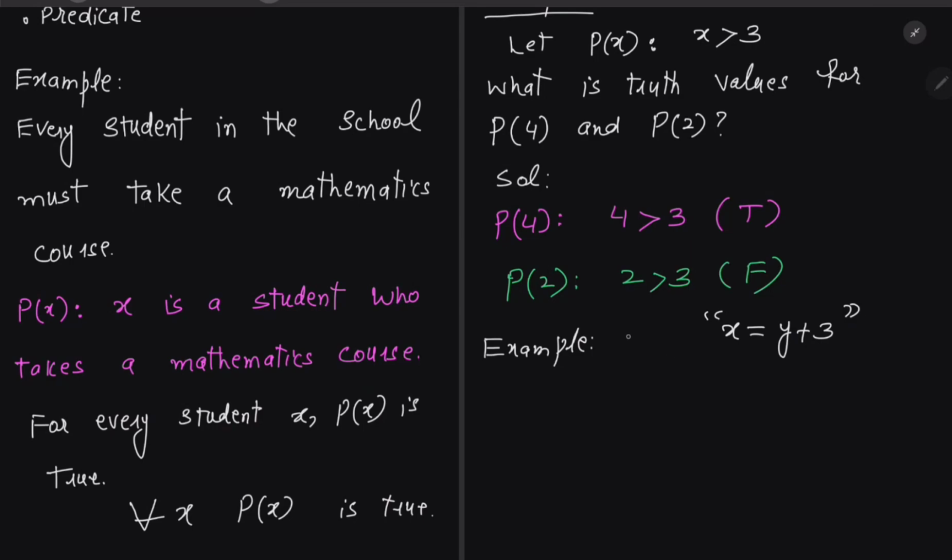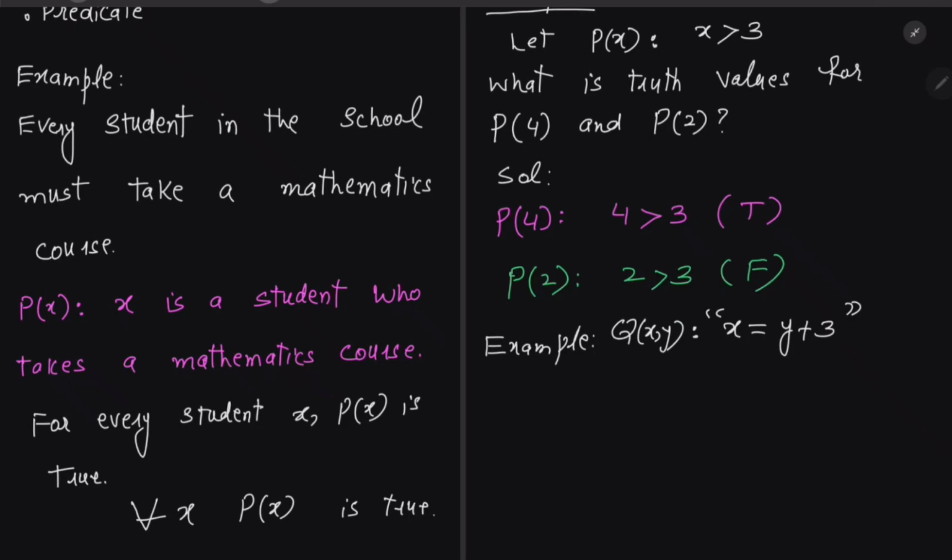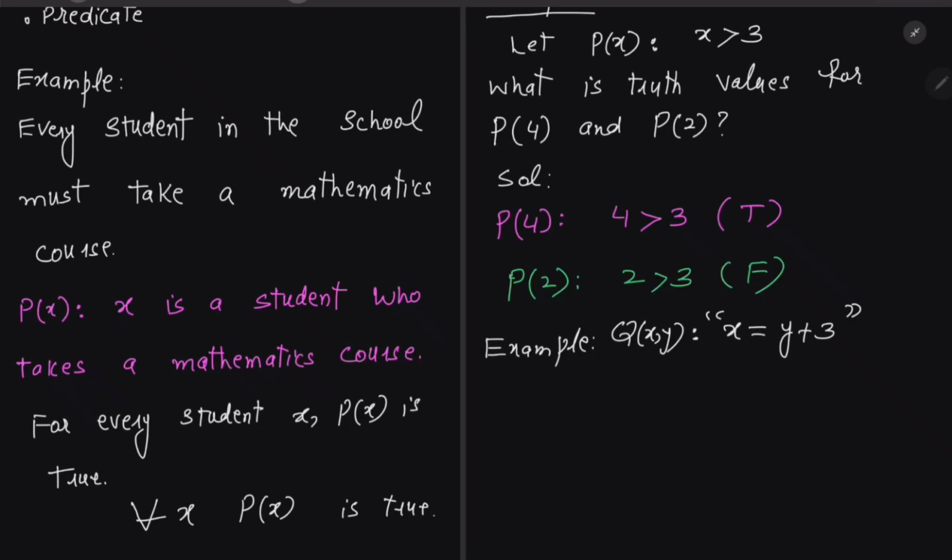So we name it Q of x, y. We have been asked to find the truth value of Q of 1, 2 and Q of 3, 0.